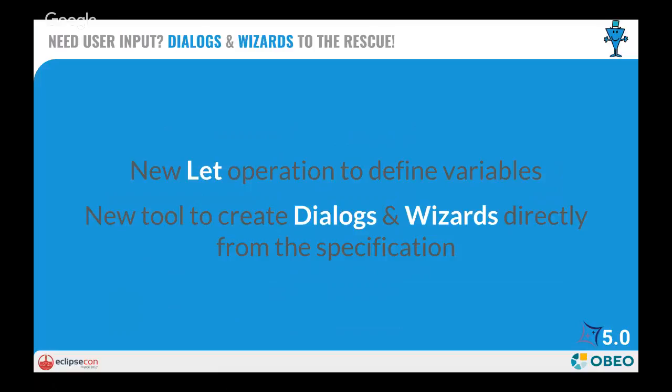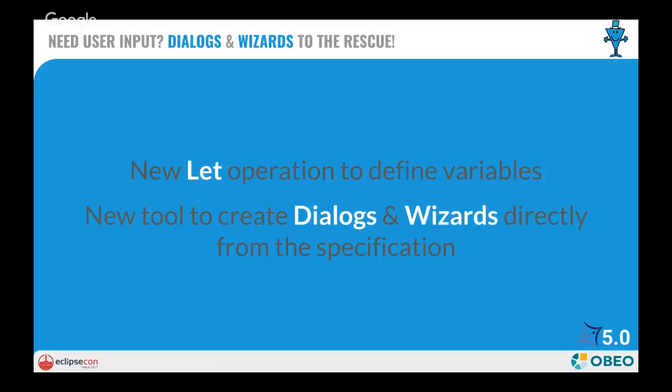A new model operation named let was also added to allow you to define some variables that you can reuse later in your model operations. With this let operation, you can now more easily create complex behavior inside your tools with temporary variables to store some results.